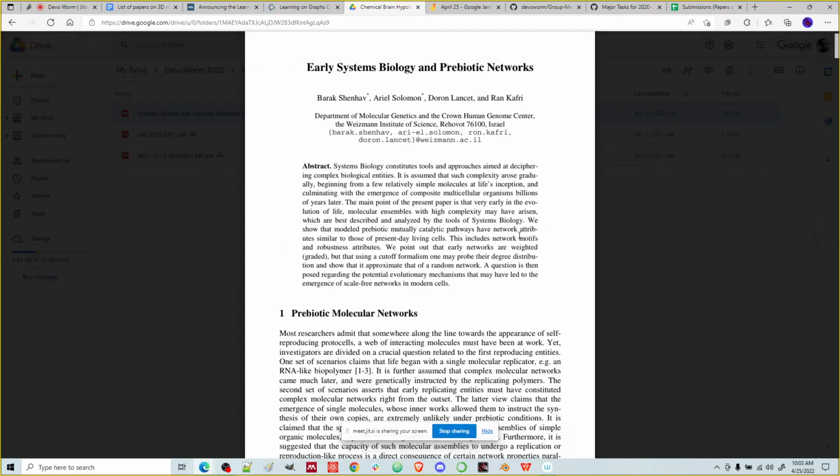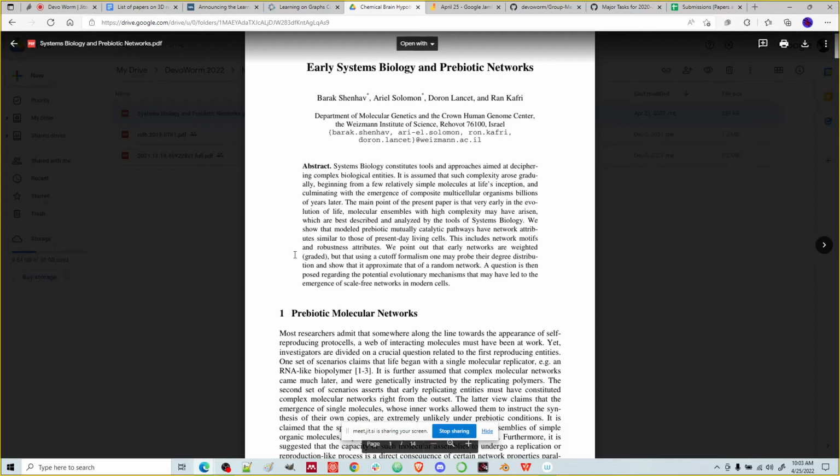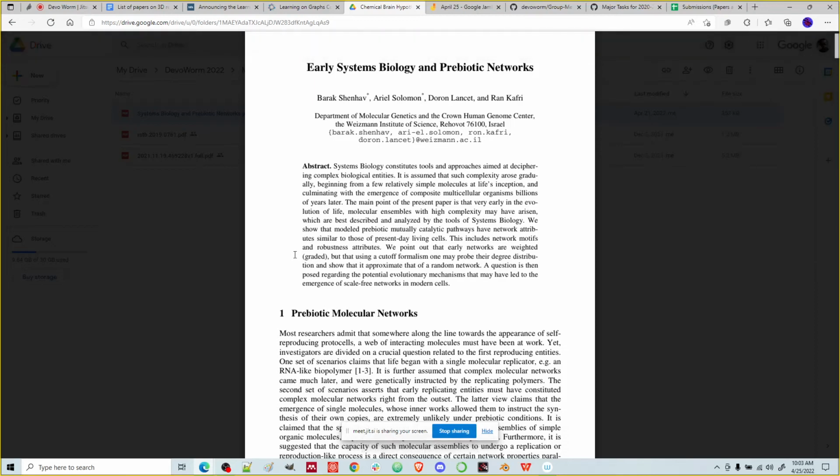So these are properties of networks that are often seen as optimized parts of a network. Robustness means that a network can overcome perturbations. Network motifs means that there are things that are grouped together that enable function in an organized manner. So these networks weren't just random networks, they had some structure to them.